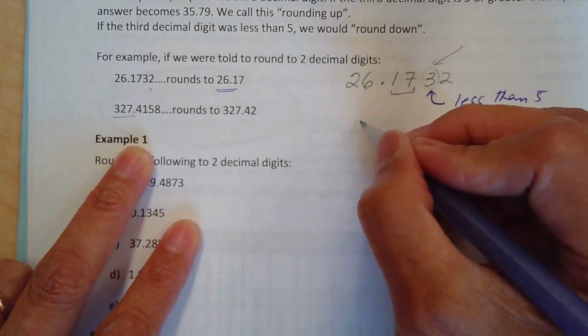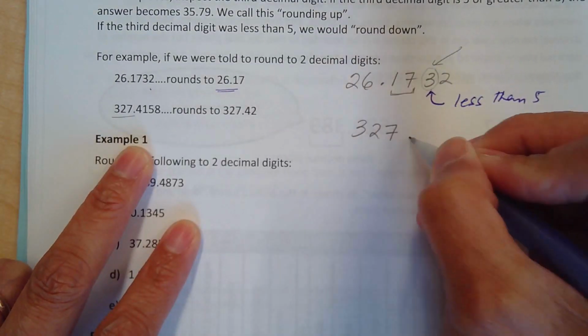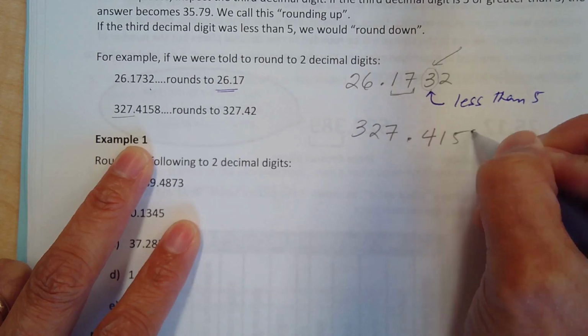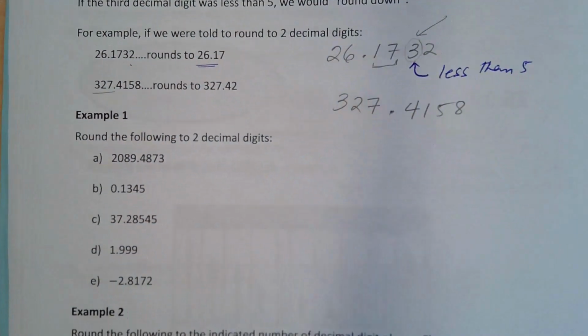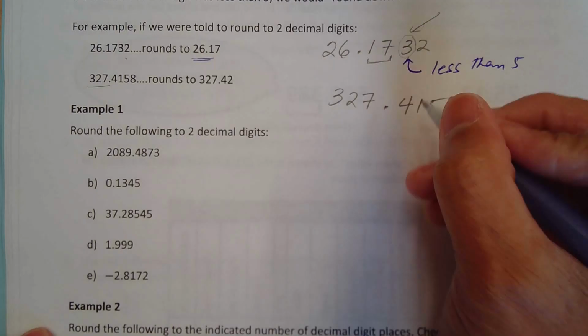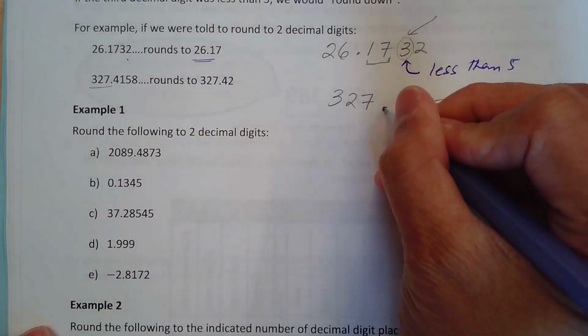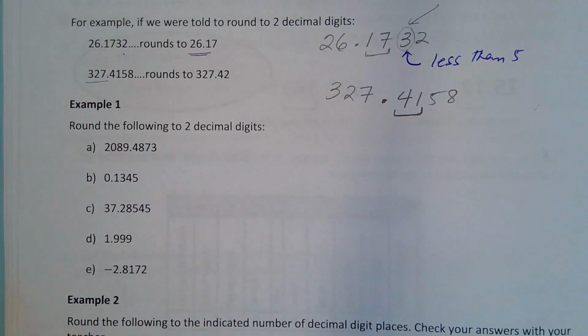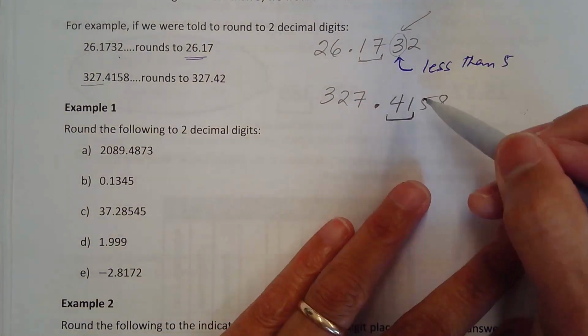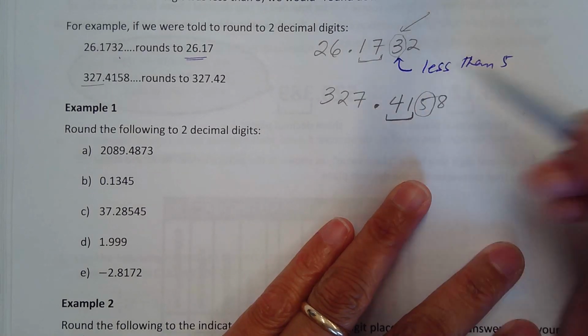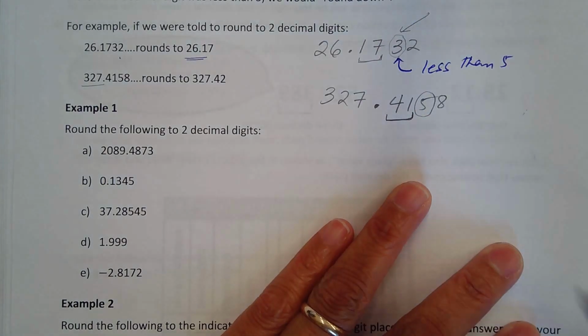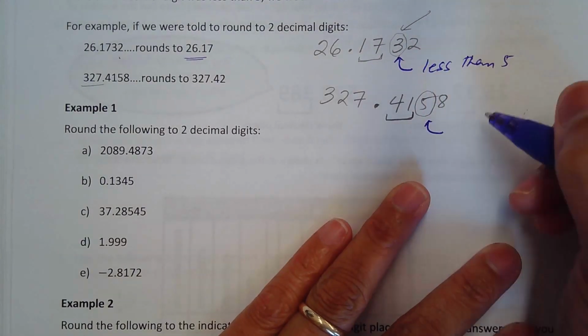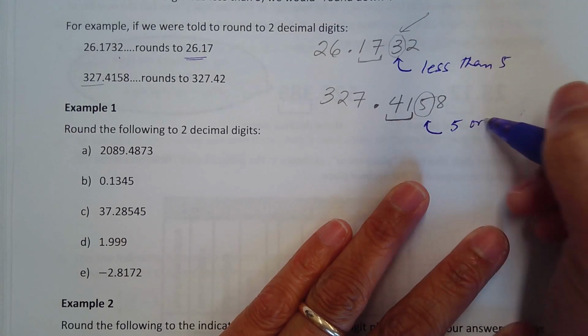Let's do this piece. 327.4158. We're rounding it off to 2 decimal places. So 2 decimal places is here, right? Which one do we look at? We're going to look at the number after those 2 decimal places. And then we're going to decide. So this one, I see that it's 5 or more.